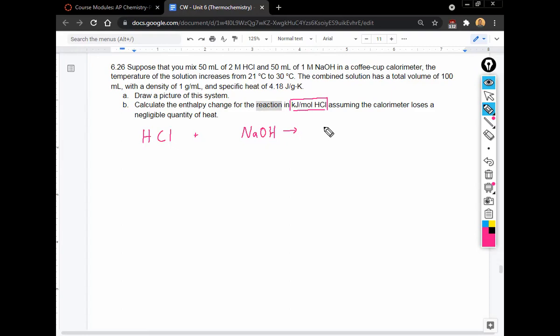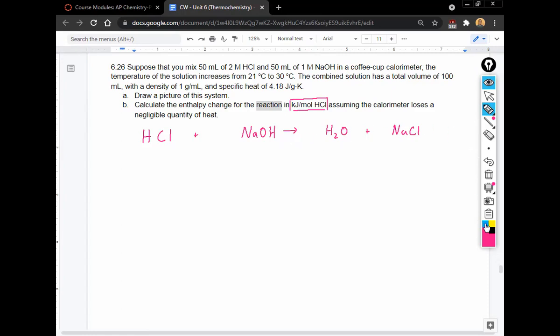In a neutralization reaction, it's always going to form water and a salt. So we do just a double replacement. We have the positive and negative of one, and the positive and negative of the other, which means it'll produce NaCl, which is a salt, and water.